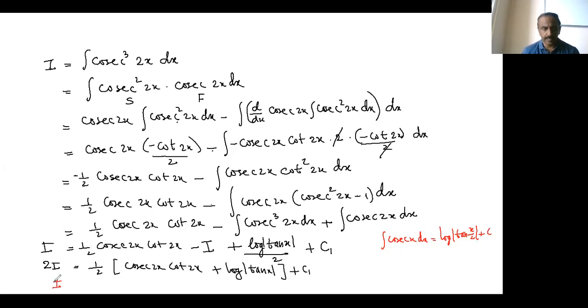So finally, I is equal to 1 by 4 cosec 2x cot 2x plus log modulus tan x plus c, where c is C1 by 2. So that gives you the answer for the integral of cosec cube 2x.